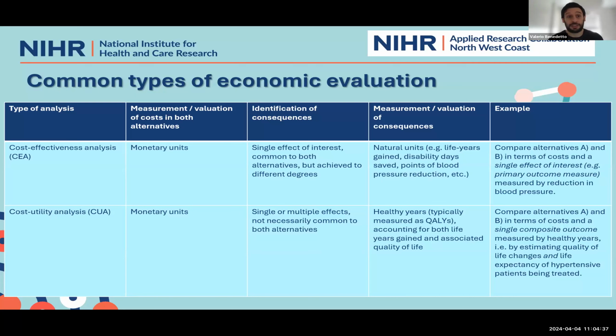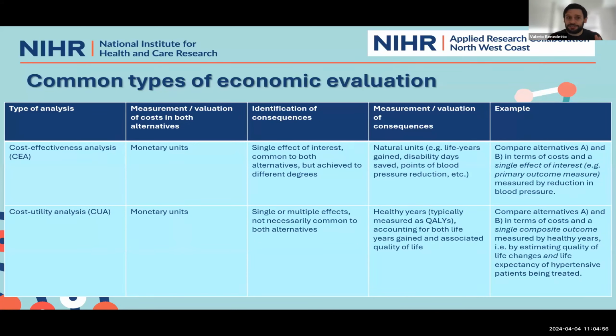So if you're looking at alternative interventions for hypertensive people, it will be relevant to measure how good they are in terms of reduction in blood pressure. That's probably one of the most relevant forms of outcome you can try to capture.